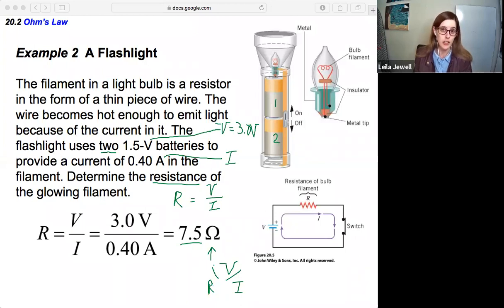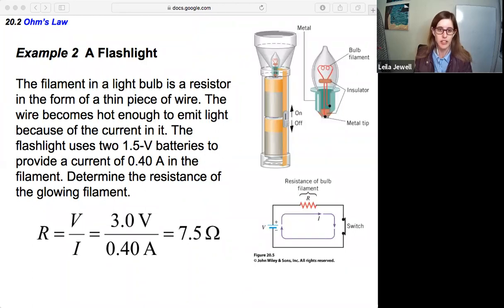What if you want the current? Well, if you cover up the current, then you have voltage divided by R. And what if you want to find the voltage? In that case, you have R times I, or I times R. So that might be helpful to you. Sorry, this picture isn't good. You can probably find a better picture on the internet if you search Ohm's law, but that can help you with figuring out how you can rearrange it to solve for the different parameters.